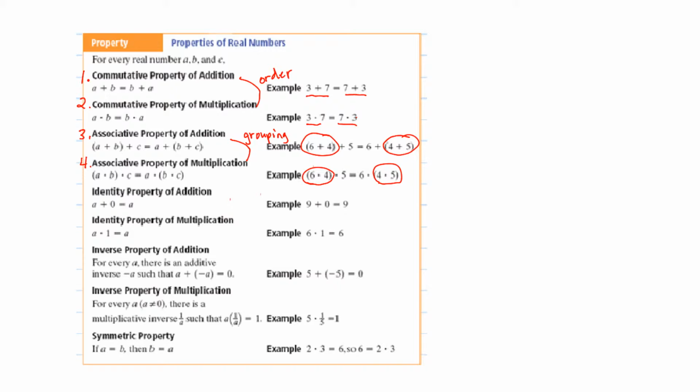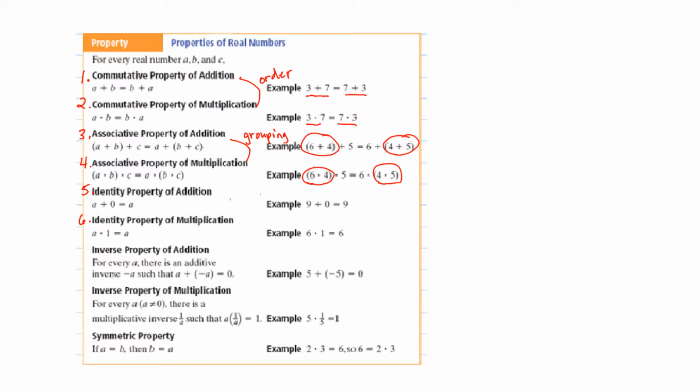Our identity properties are pretty much what the word identity means. Identity is like who you are. And in addition, if we think about what its identity is, 0 is the identity because if I add 0 to any number, I get that number back.